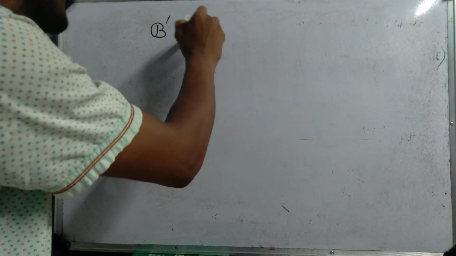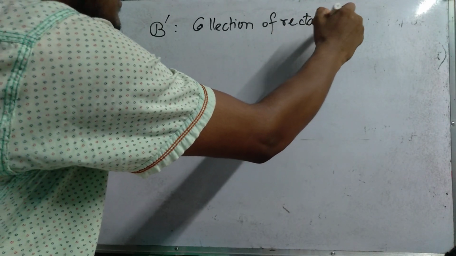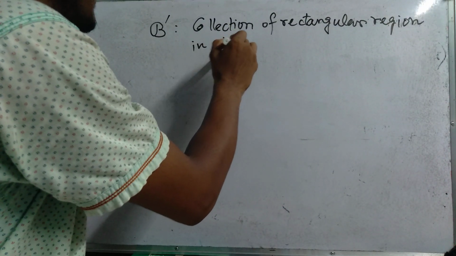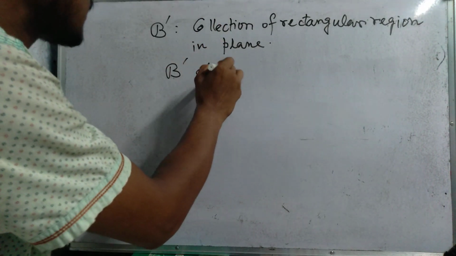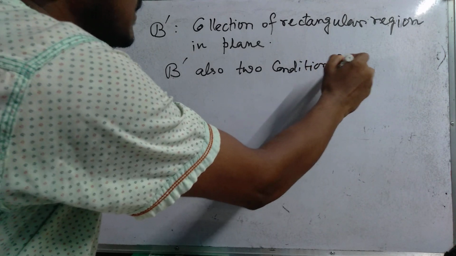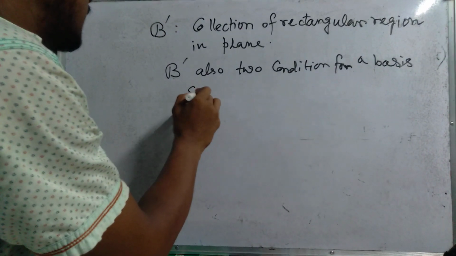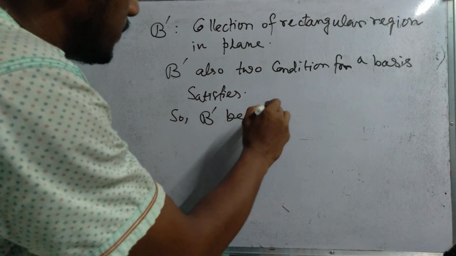Here we take B dash to be the collection of all rectangular regions in the plane. Then B dash also satisfies the two conditions for a basis, so B dash is a basis.